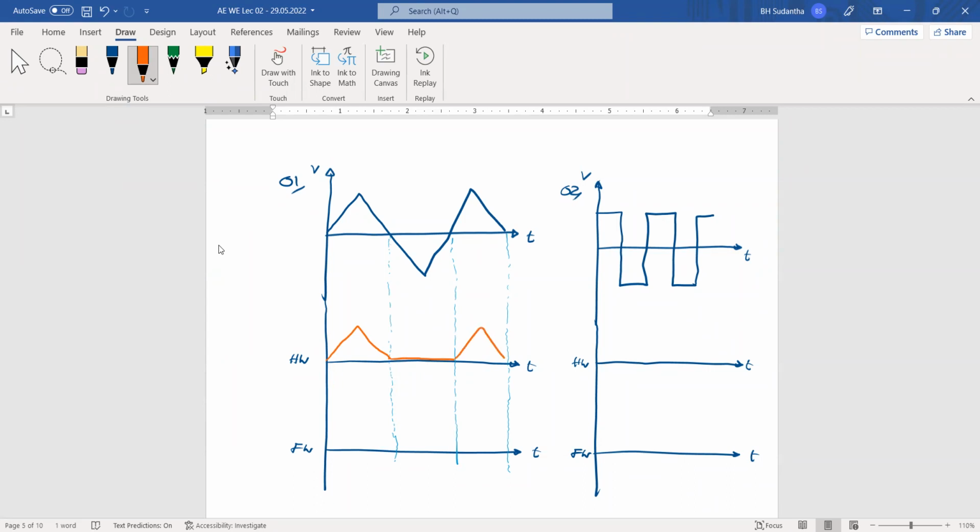During this time, we have again this positive cycle.